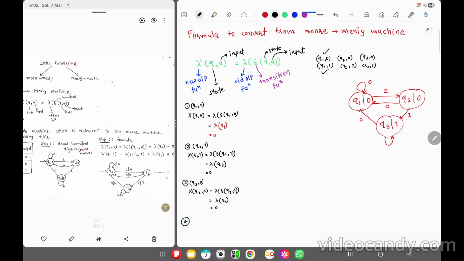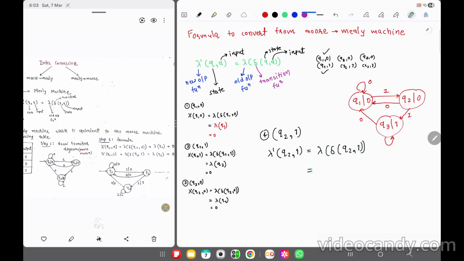Now we will check state Q2 with input 1: λ'(Q2, 1) = λ(δ(Q2, 1)).